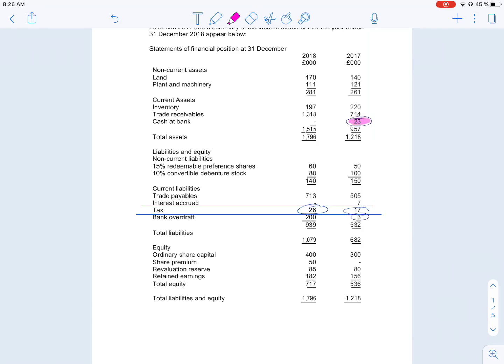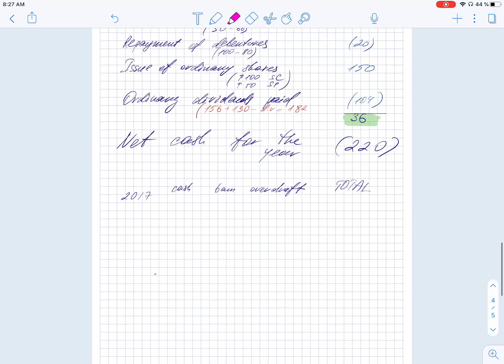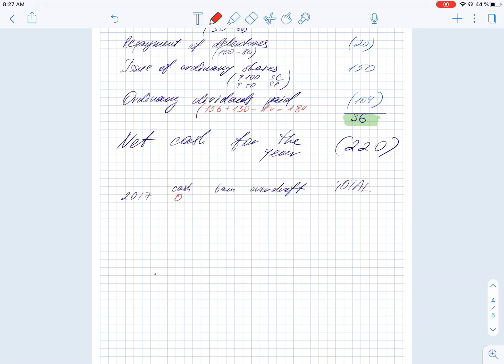So that amount and that amount. Let's fill in our table. Here that would be cash 0, bank 23, overdraft 3 with a minus sign. So in total, the company had 20,000 of cash with a positive sign.